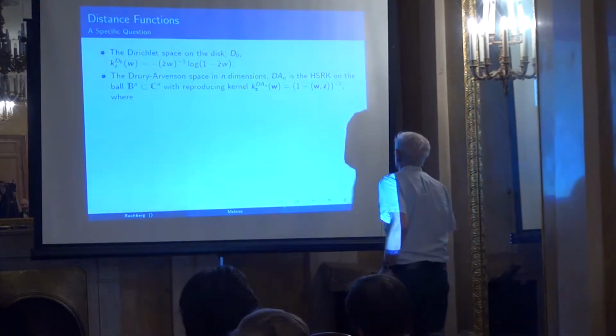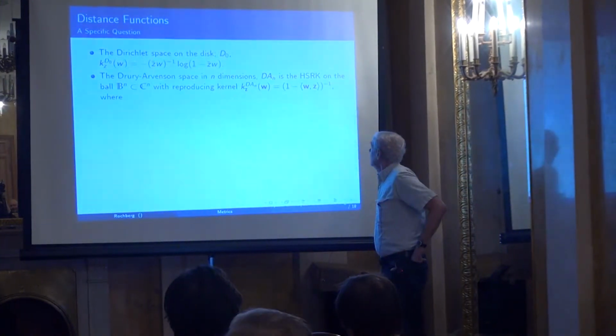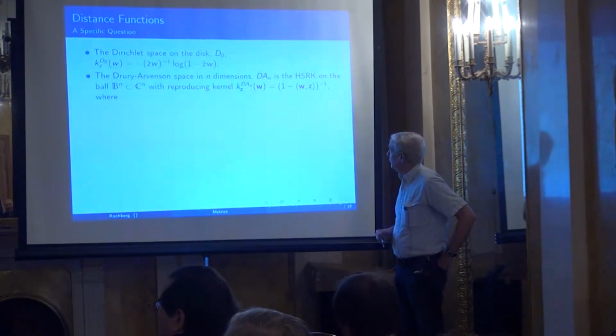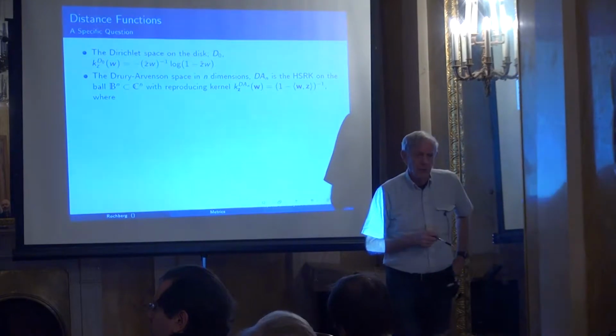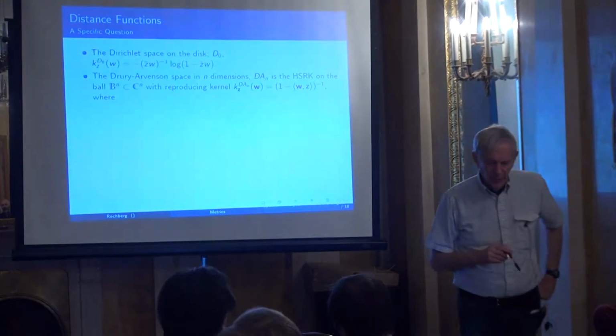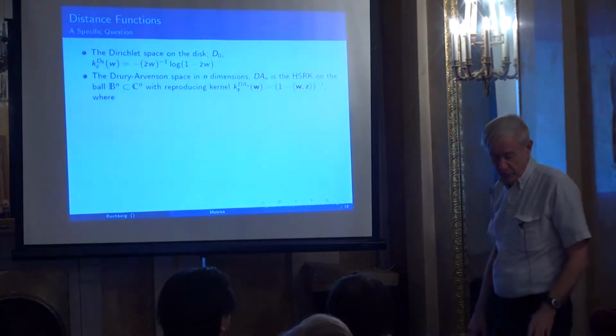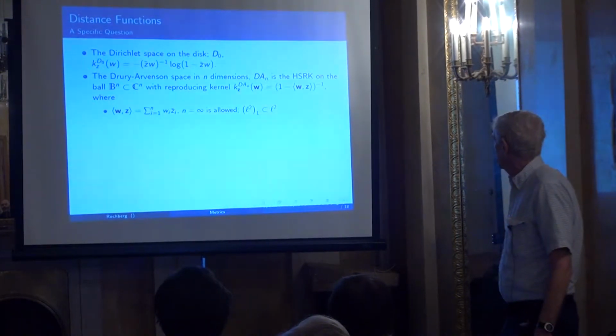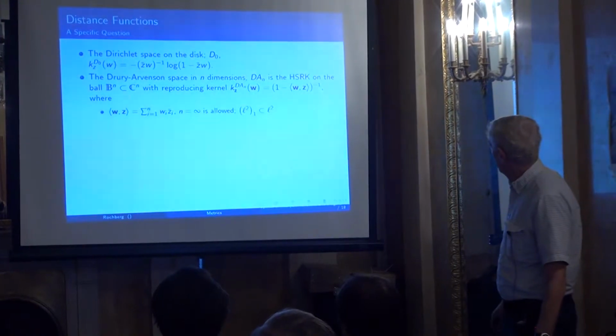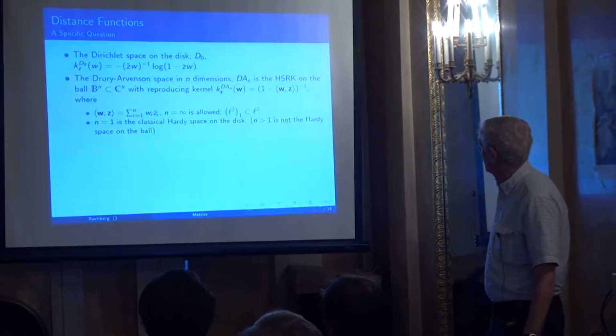So this inner product <w, z> is now the dot product in n dimensions. And I want to allow n to be infinite, in which case B_n will be the unit ball in the little l^2 space. So there's the formula for the inner product, and the comment that I'm allowing the infinite dimensional case.